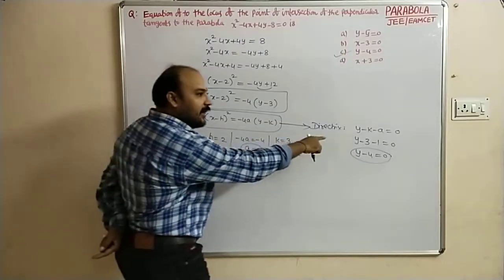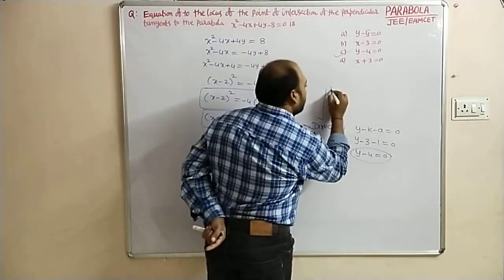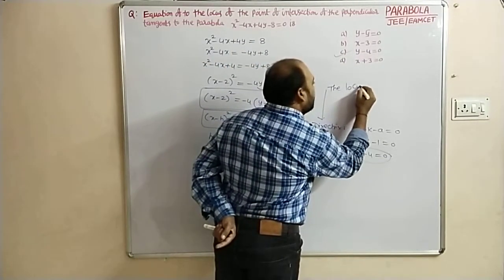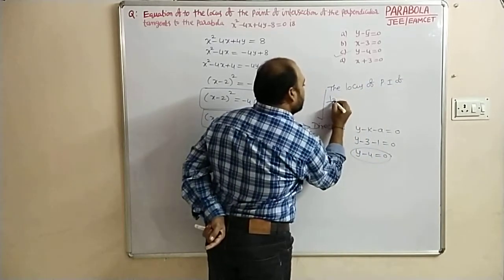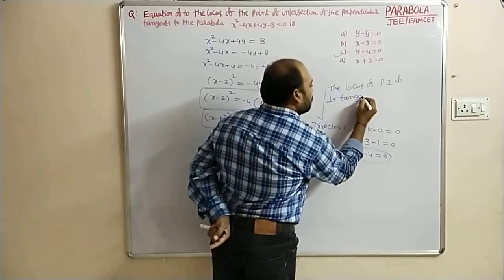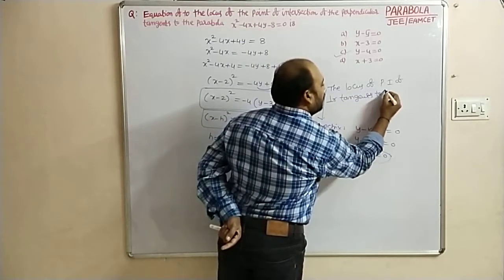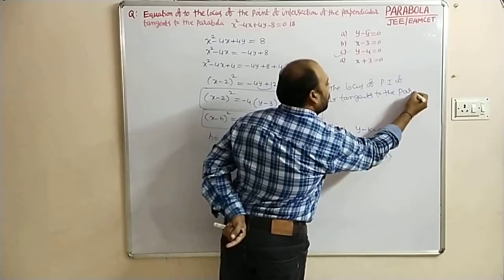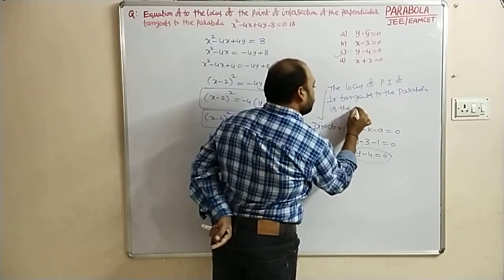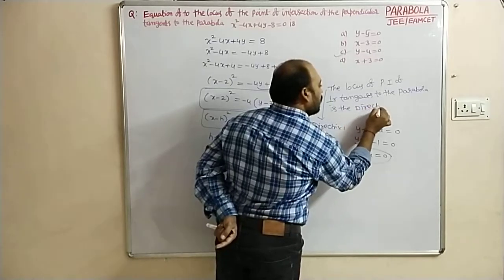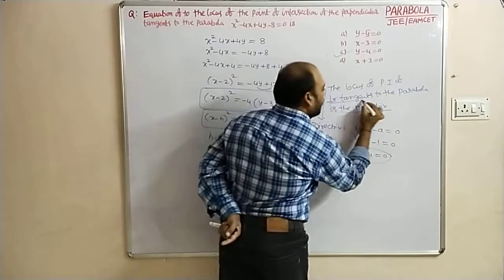Why are we calculating the directrix? The locus of point of intersection of perpendicular tangents to the parabola is the directrix. This is a very important property.